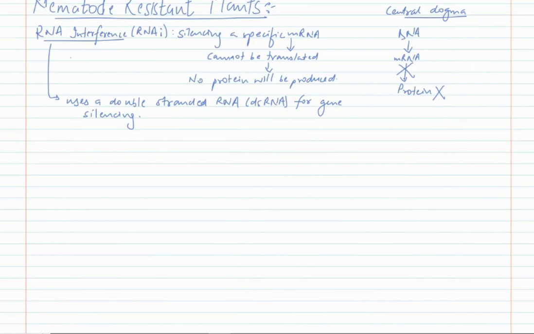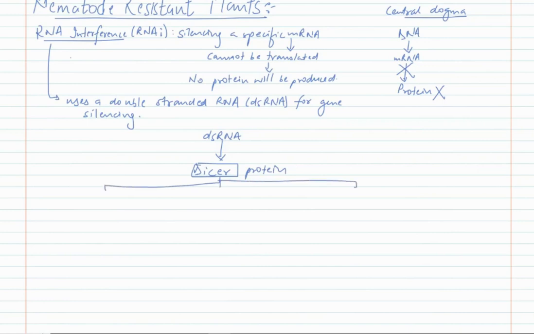So what we are basically doing is we take a double-stranded RNA, and by the help of a protein known as dicer, it can be converted into three forms.